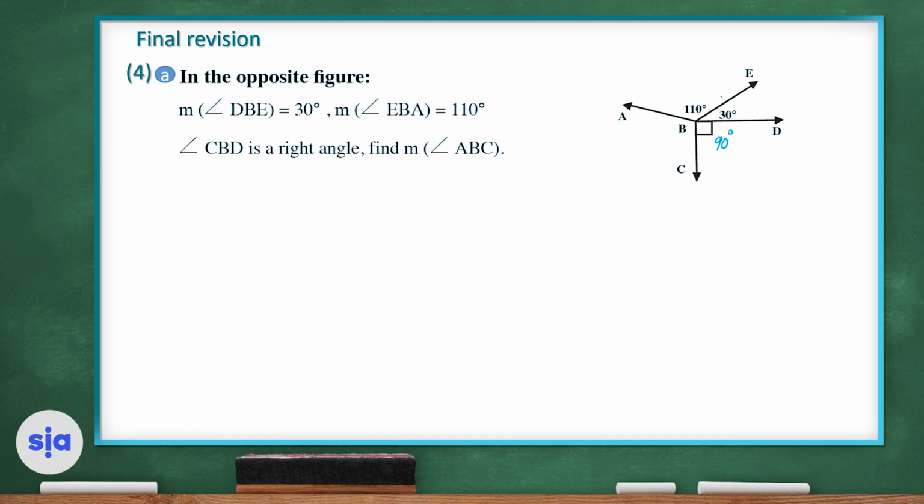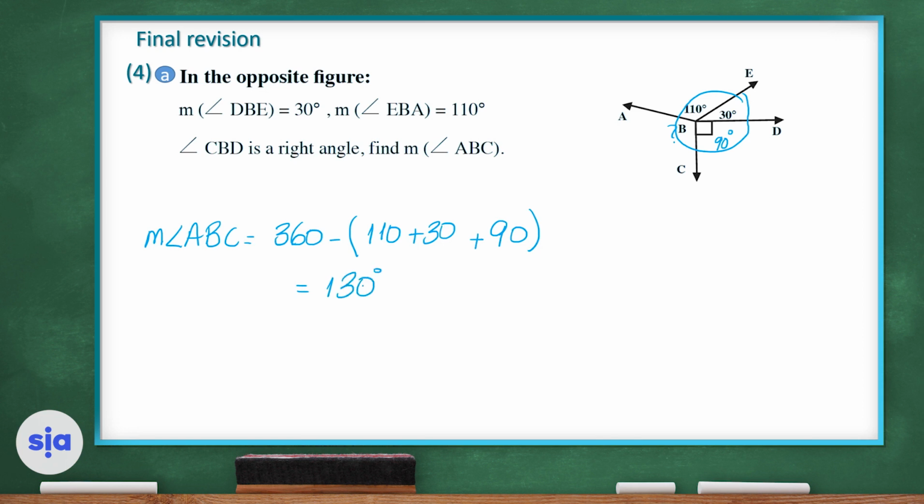So in order to find the measure of angle ABC, which is this angle, you know that the four angles, their sum is 360 degrees. So the measure of angle ABC equals 360 minus the sum of 110, 30, and 90. So it is equal to 130 degrees.